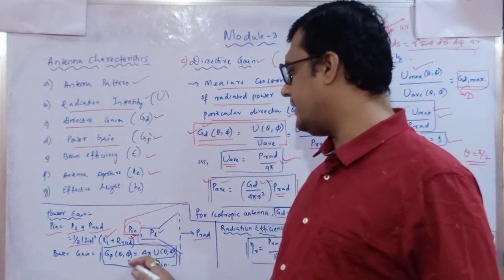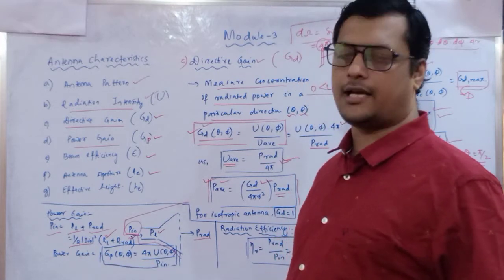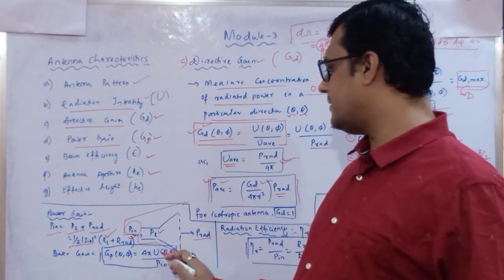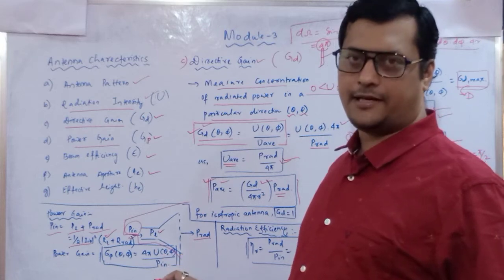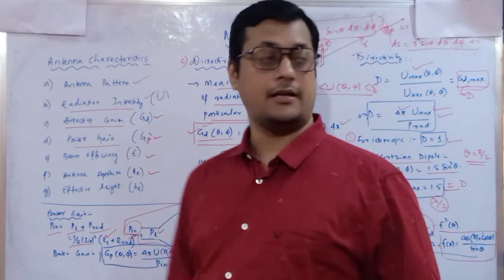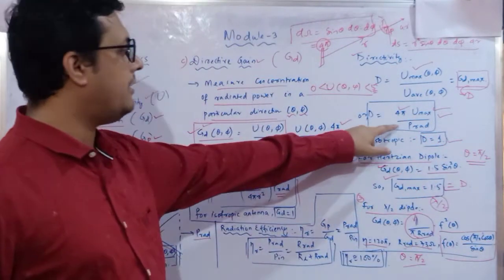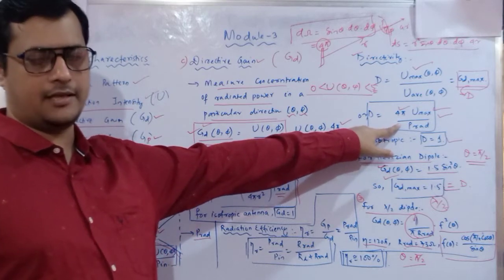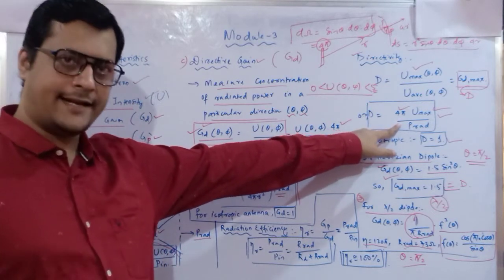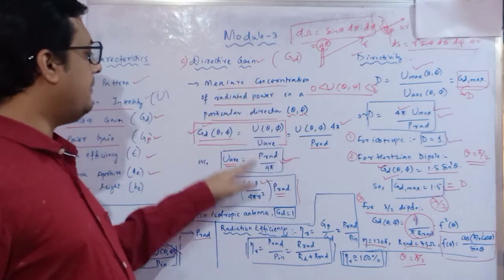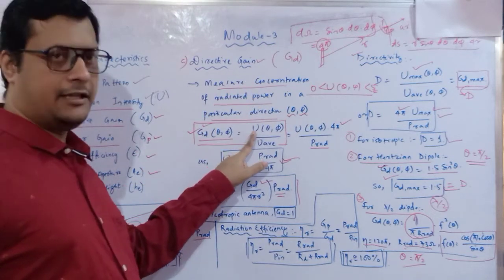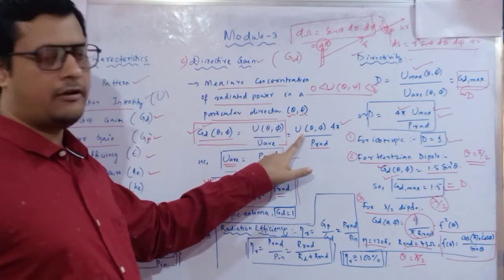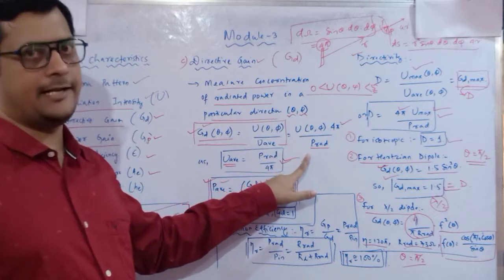Power gain GP of theta, phi is equal to 4 pi times intensity divided by the input power. Till now we were measuring with respect to the radiated power, which is our directivity. Directive gain is 4 pi into intensity divided by the radiated power.